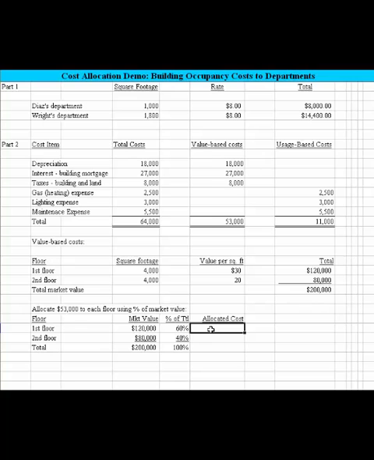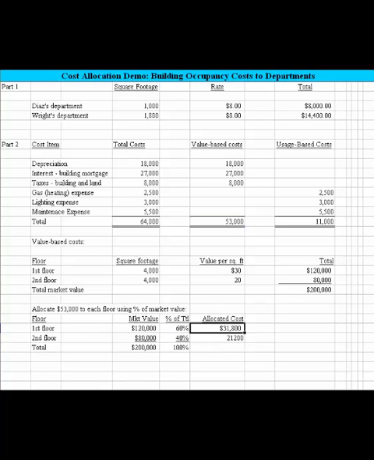Now let's determine the allocated cost, and we would take the relative... So now we determine the allocated cost, and we are going to allocate the 53,000 of value-based cost times the appropriate percentage gives us 31.8. And then the second floor, we would take that 53,000 times that percentage as well.